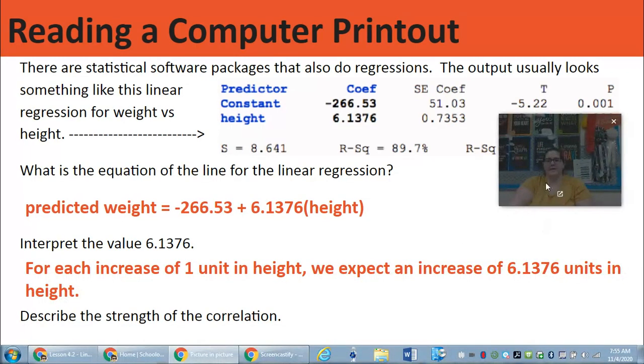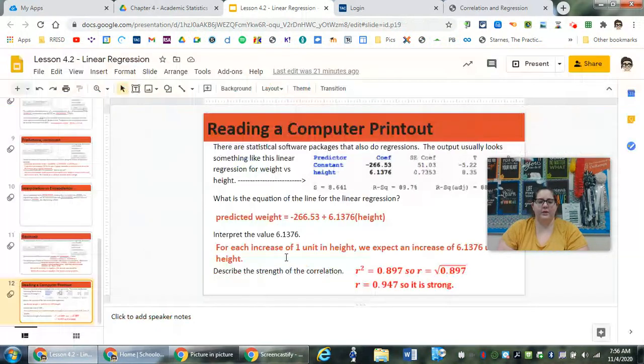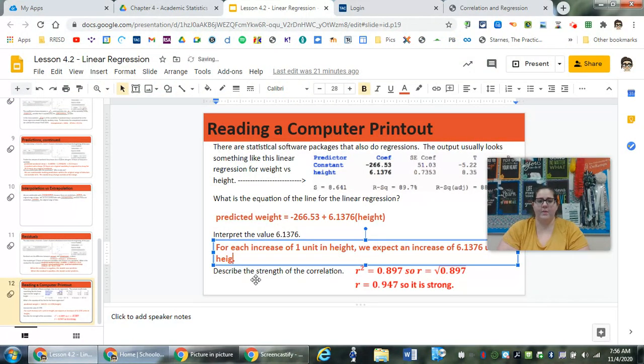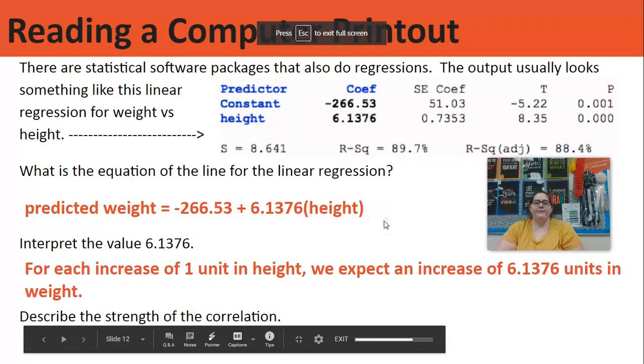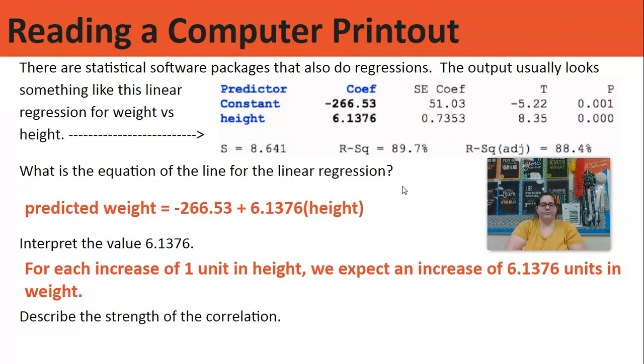When we interpret slope, we say as x goes up by 1, this is what y is predicted to do. So for each increase of 1 unit in height, we expect an increase, because it's positive, of 6.1376 units in weight. That should say weight, so I'm going to fix that right now before I forget. So for every 1 unit increase in height, we expect an increase of 6.1376 units in weight.